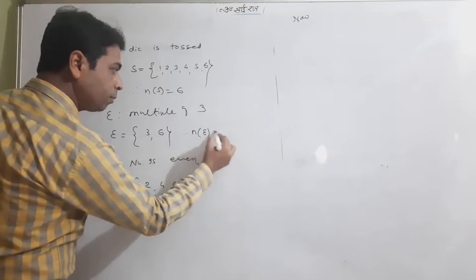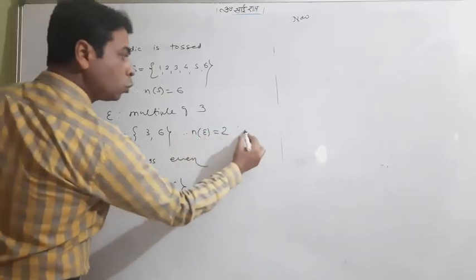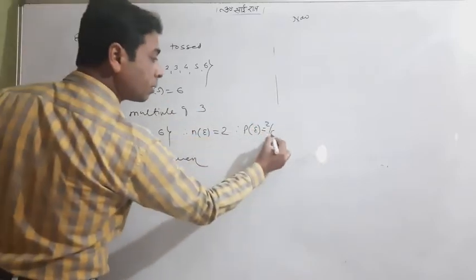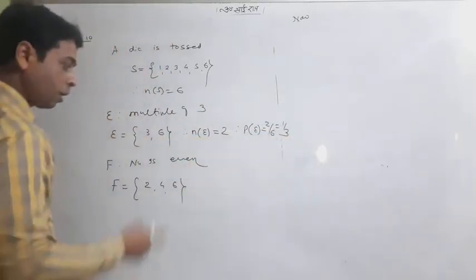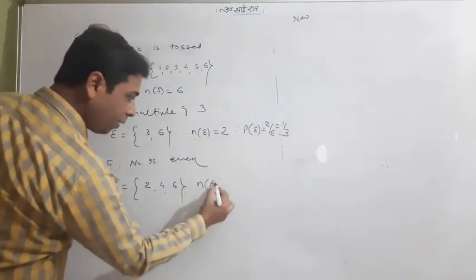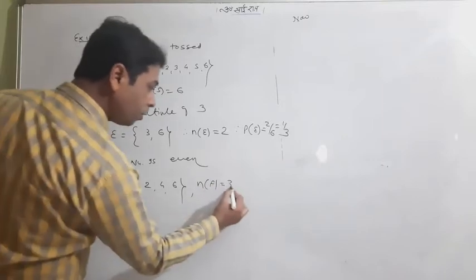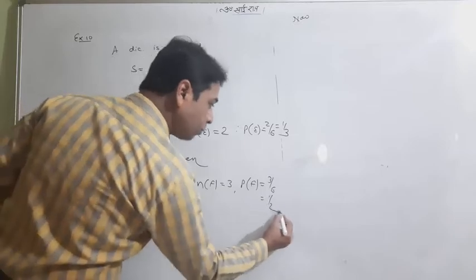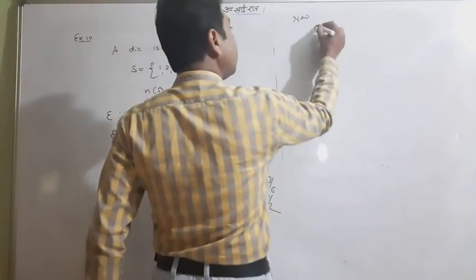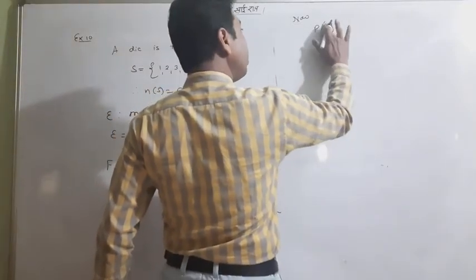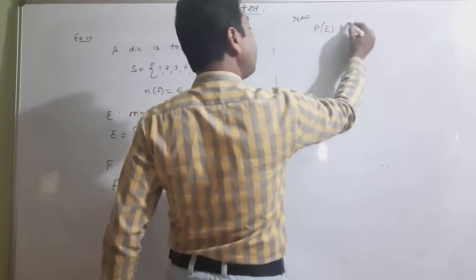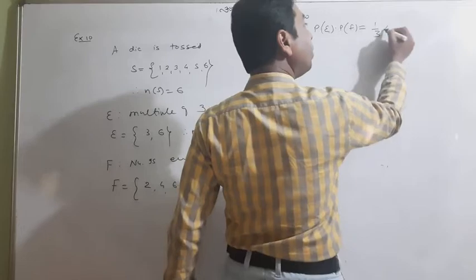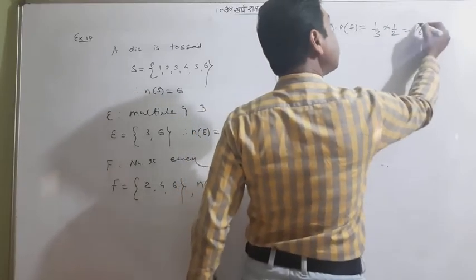N of E is 2, so P of E will be N of E upon N of S, 2 by 6, meaning 1 by 3. N of F will be 3, so P of F will be 3 by 6, 1 by 2. And P of E into P of F will be 1 by 3 into 1 by 2, equal to 1 by 6.